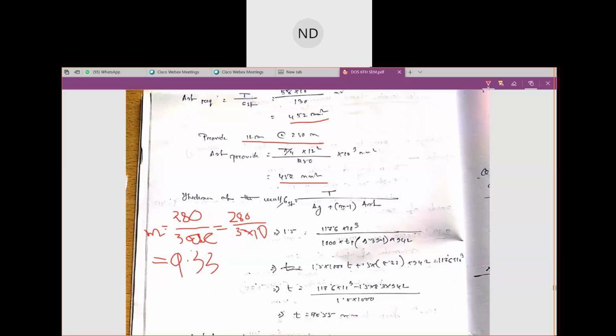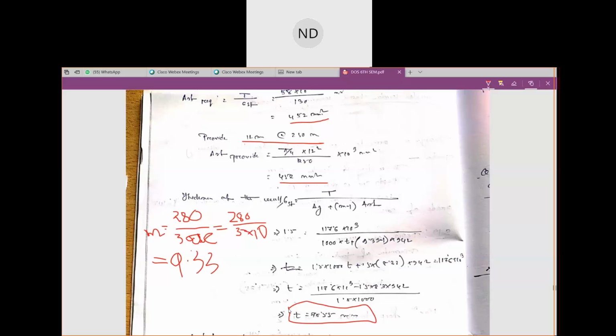So 9.33, M minus 1, this much. So we will get our T value, the thickness. We have got the thickness to be 70.55 mm.